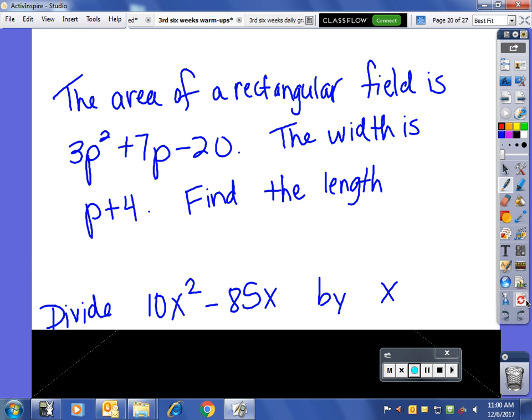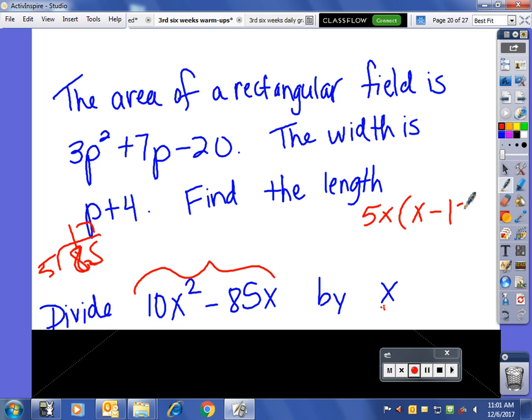Or they might factor this. The only way you can factor that is GCF. I just took out an x because I knew I was dividing by x. But that's not the GCF. What's the GCF here? 5x, and you'll be left with x minus... What is 85 divided by 5? 17.